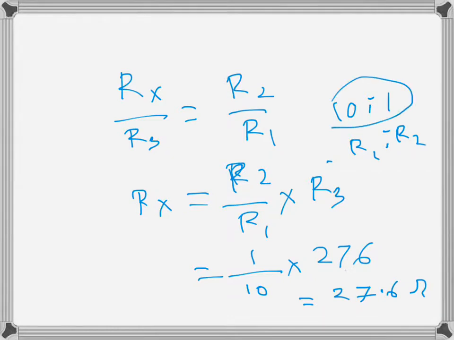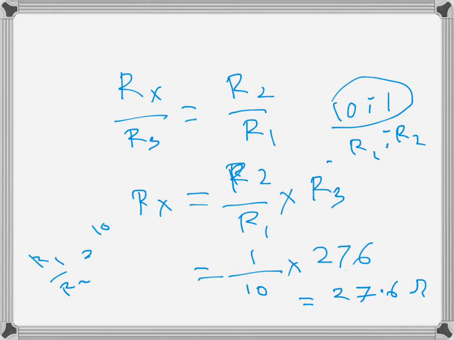The problem talks about the ratio R2 over R1 or R1 over R2. You have to be sure, because usually it's given with the problem which ratio we are talking about. It can be R1 over R2 equal to 10 to 1, or it could be R2 over R1 equal to 10 to 1. I'm just assuming that R1 is 10 times R2, and that gives me 27.6 ohms.